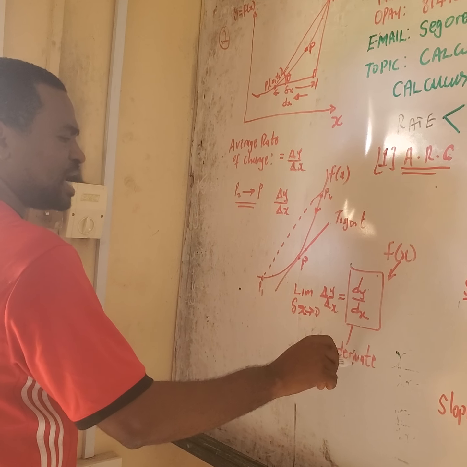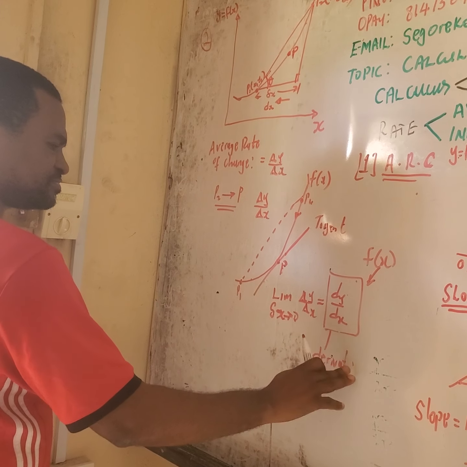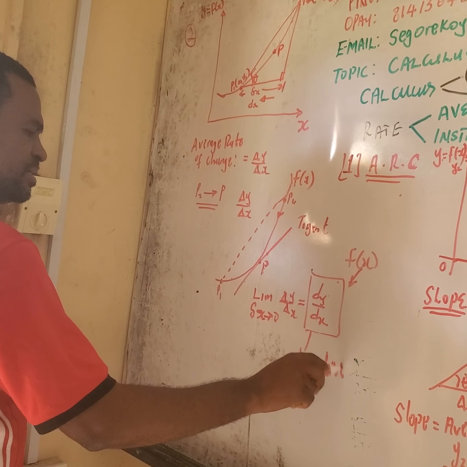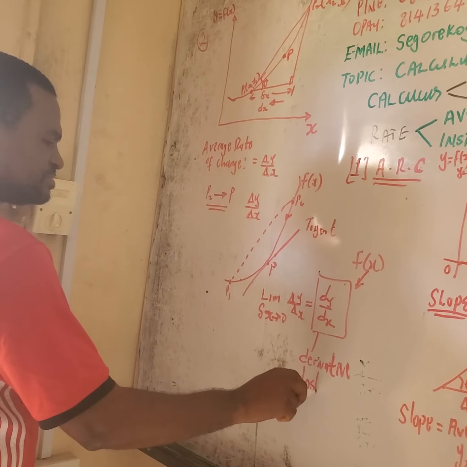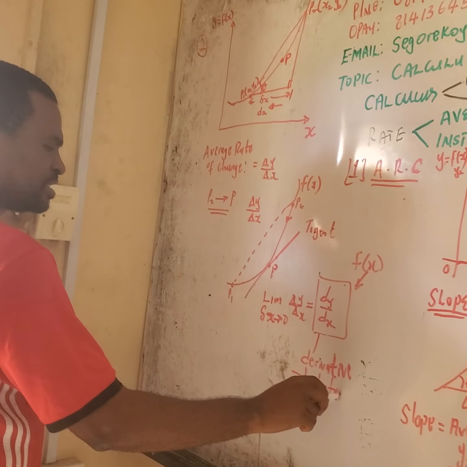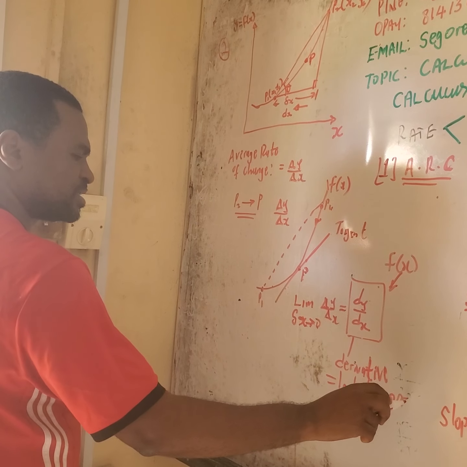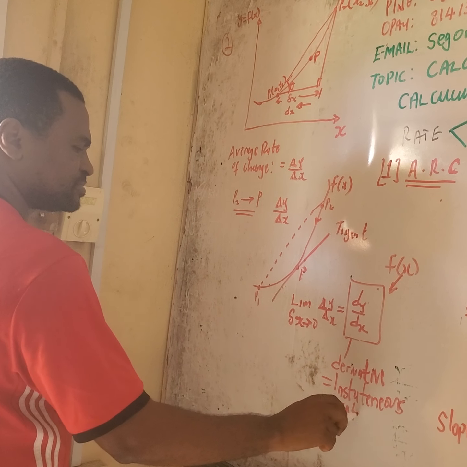So this particular derivative has another name. It is called instantaneous rate of change.